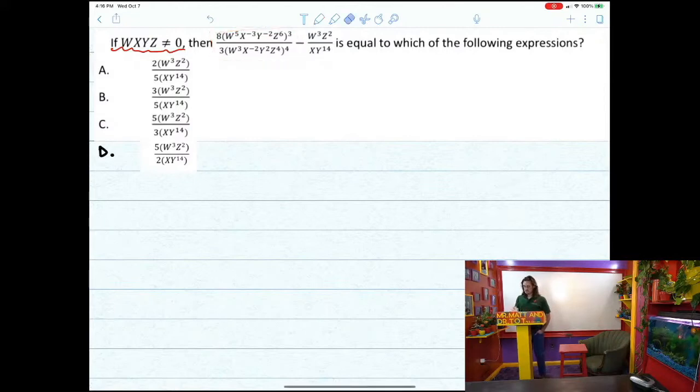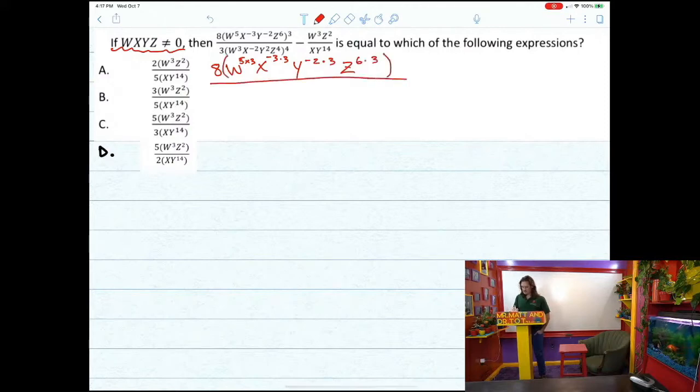So this is going to turn into 8 times w to the 5 times 3 power times x to the negative 3 times 3 power times y to the negative 2 times 3 power times z to the 6 times 3 power, quantity over, I should put these in parentheses, 3 times w raised to the 3 times 4 power times x to the negative 2 times 4 power times y to the 2 times 4 power times z to the 4 times 4 power.